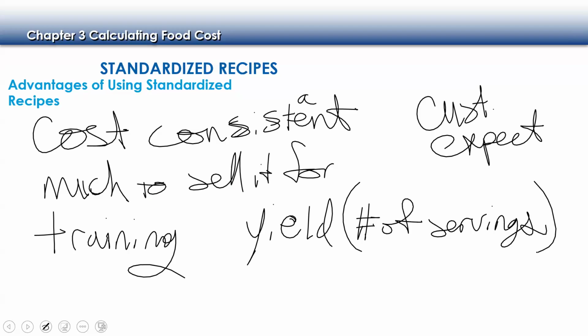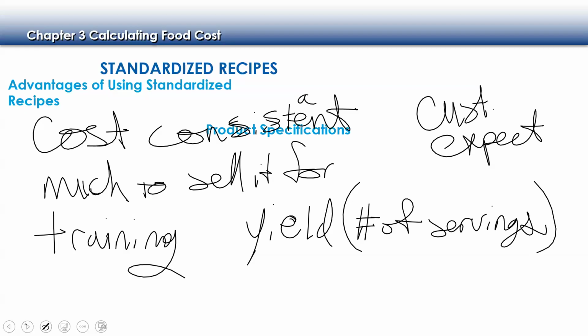For those of you who don't know, the hashtag is the number sign. So it's the number of servings. It also is the pound sign. You'll see that at a later time. So if I should get 30 servings, then I should be able to get 30 servings out of this. If I'm not getting 30 servings, that means my cooks are probably serving too much.